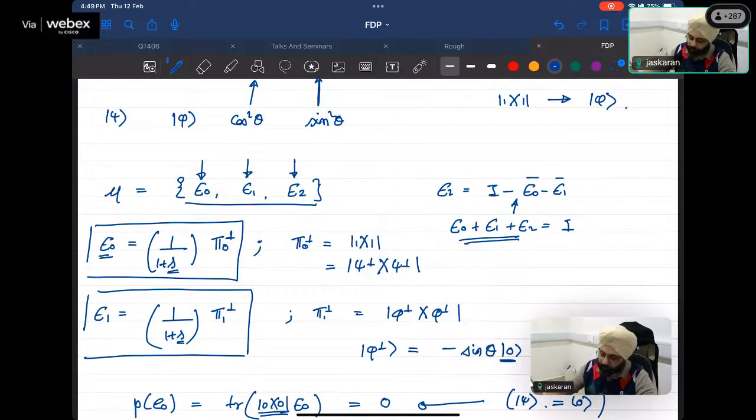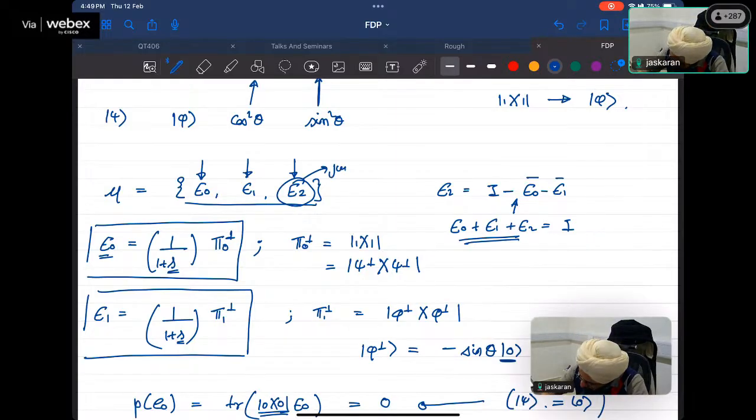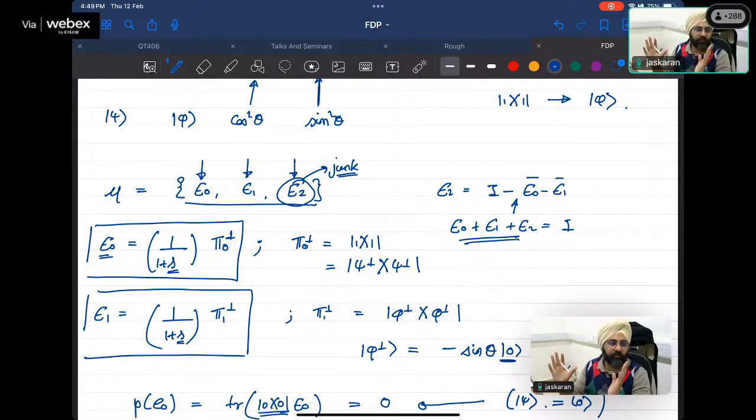In information theory we generally call this outcome the junk outcome. It does not give us too much information, but it has to be there because of completeness, because the probabilities should sum to one. There should be some outcome.